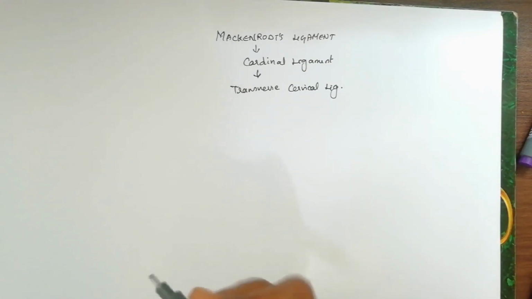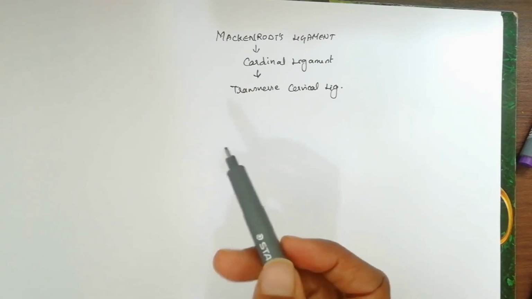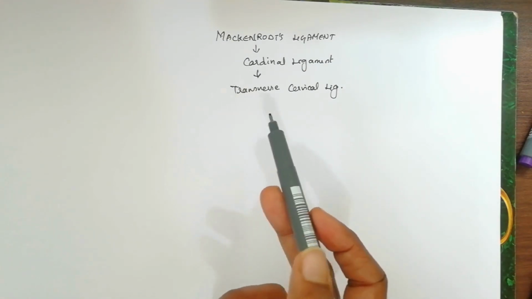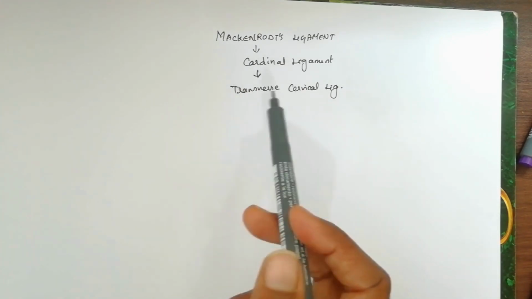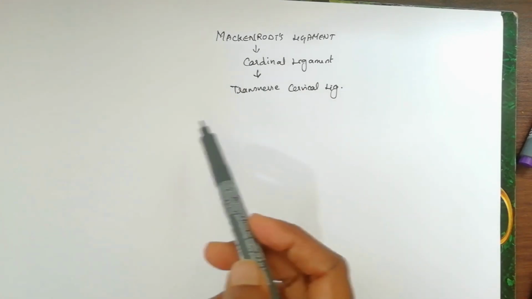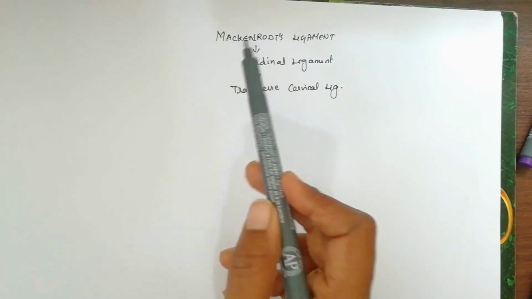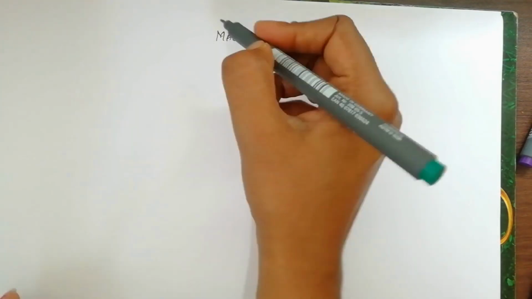Cardinal ligament or transverse cervical ligament is the other name, and this Mackenrodt's ligament is also a condensation of parametric tissue. Around the cervix we have got some condensation of parametric tissue. It is going to form this Mackenrodt's ligament.